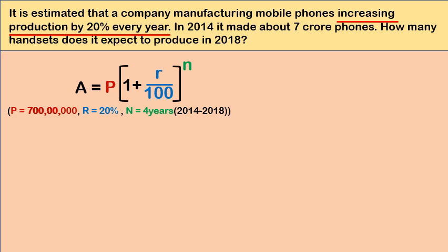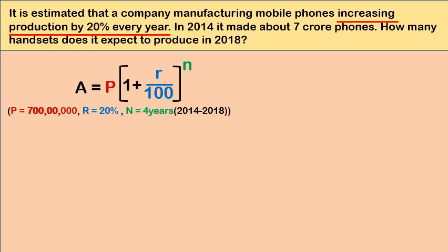R is the annual rate of increase, that is 20%. N is the number of periods. Here we have to calculate the number of handsets produced in 2018. So number of periods from 2014 to 2018. That is 2015, 2016, 2017 and 2018. 4 years. So number of periods N equal to 4 years.